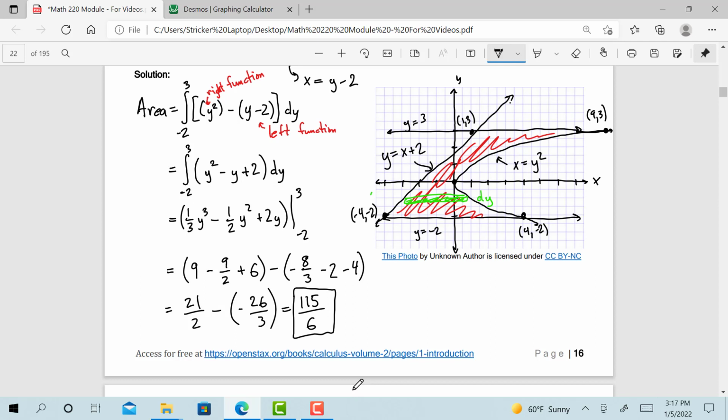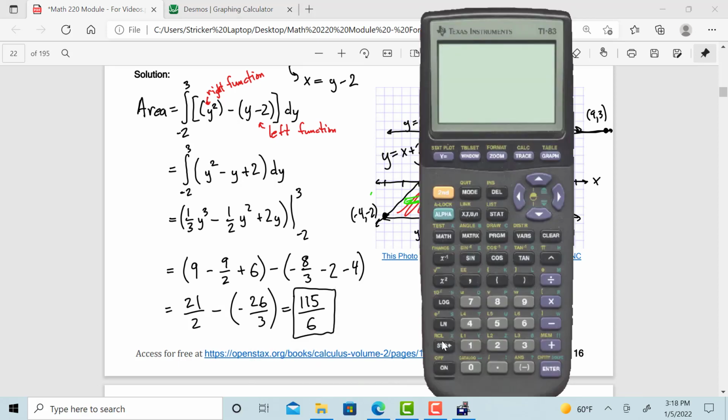You may be wondering how I was able to get those fractions so easily. If you've never done this before, let me show you real quick on the graphing calculator. So doing these calculations in the calculator, I'm going to get 9 minus 9 halves plus 6, which gives us 10.5. And then if you hit the math button and then option 1 there for fraction, you get 21 over 2.